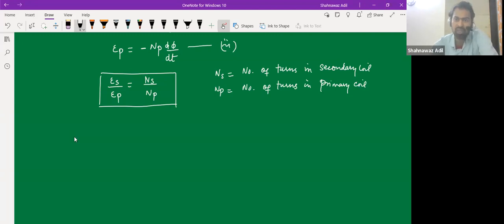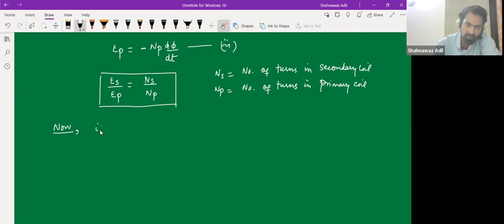So now we are assuming that, let's say the efficiency of this transformer is 100%. So whatever power is created in the primary coil, that is converted into the secondary coil, right?